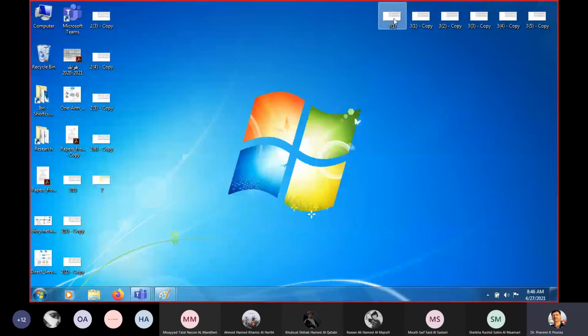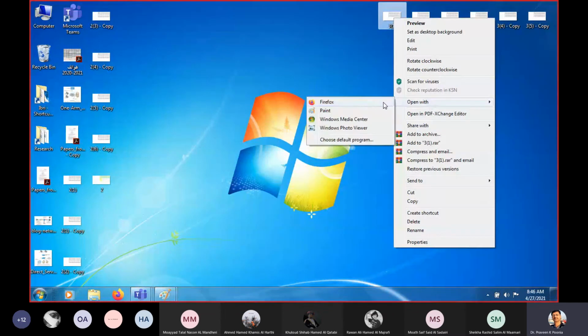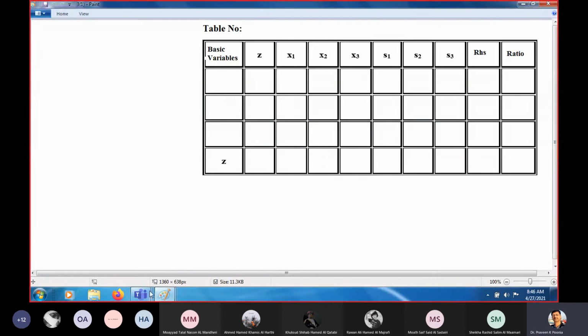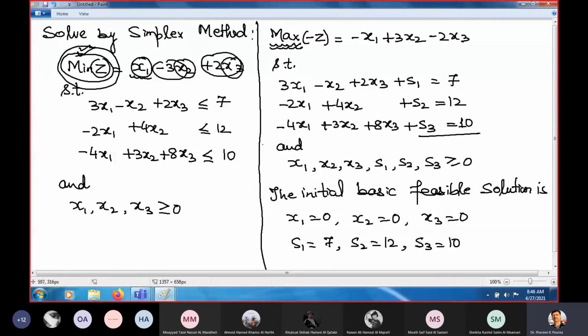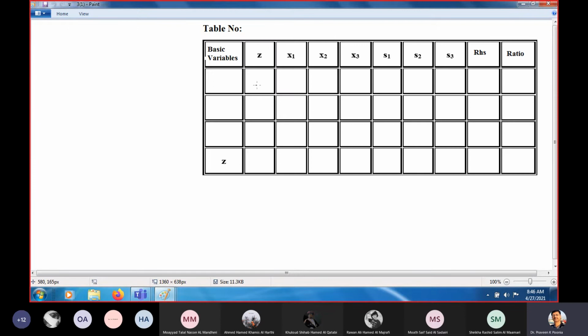Now we'll move to the table. You need to make the table. So it is equation number 1. There is no z here. So 0, 3, minus 1, 2, 1, 0, 0, and this is 7. This is S1, this is S2, this is S3.